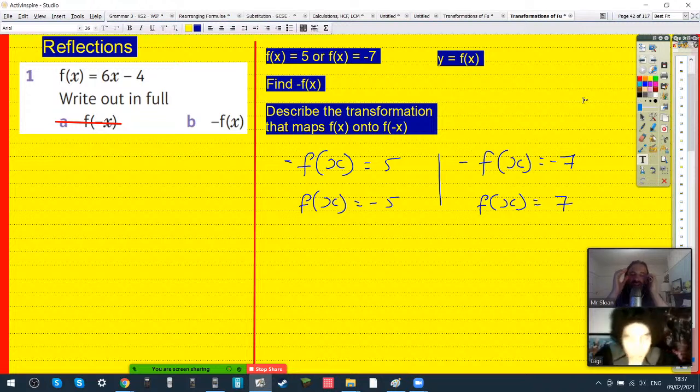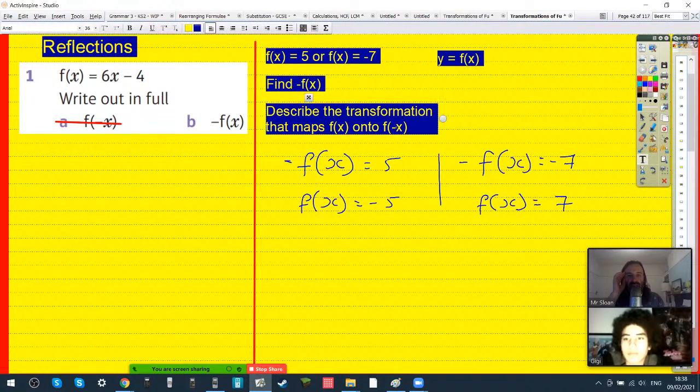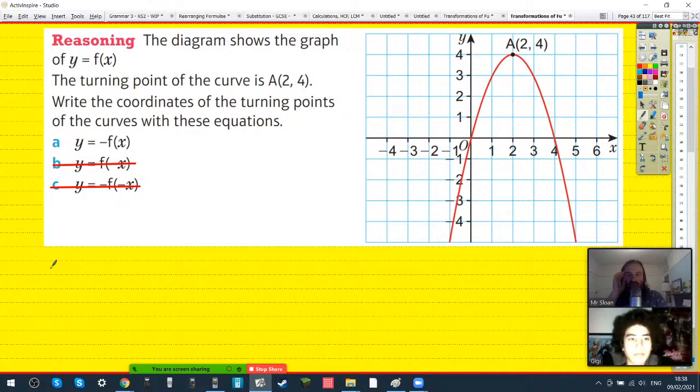So with x, the x in the bracket will change sign. With this one, the minus will be outside the bracket. So if it's inside the bracket with the x, it changes the x signs. If it's outside the bracket, it changes the y's. And that's always true.